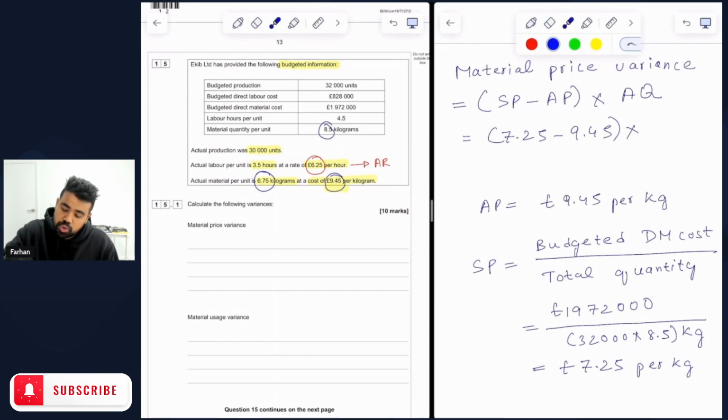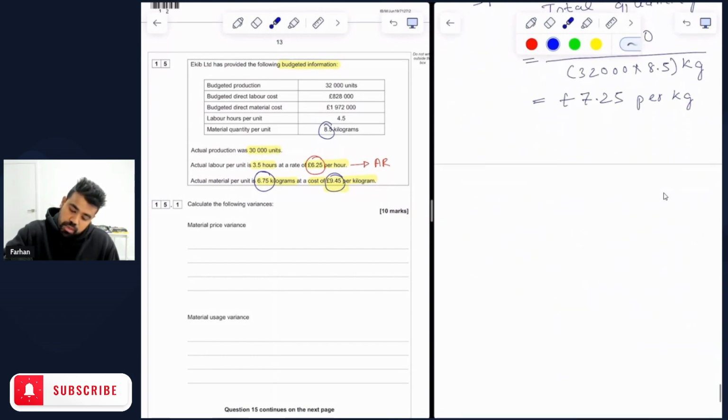So the actual quantity here refers to the actual quantity of raw materials that we would use if we want to produce 30,000 units in real life. So how can we derive this number now? There are no straightforward ways of doing this calculation.